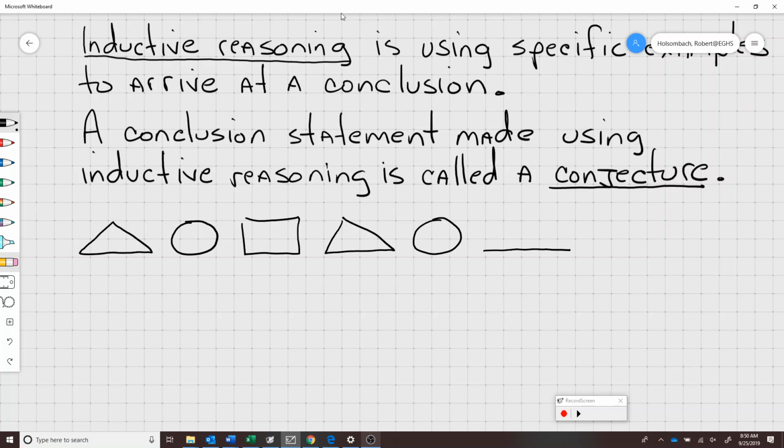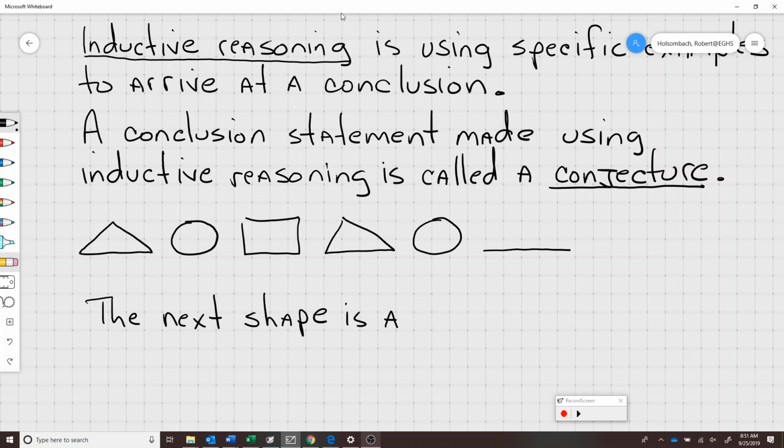So using inductive reasoning is when you're looking at these specific examples of triangle, circle, square, triangle, circle, square. Okay? Use inductive reasoning to make a conjecture about the next shape. Well, your conjecture would be the next shape is a square.